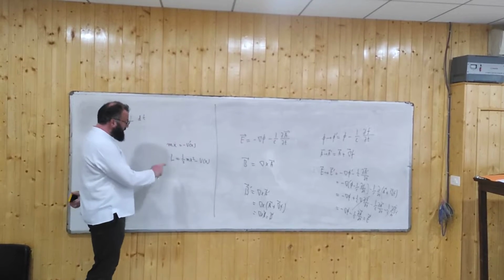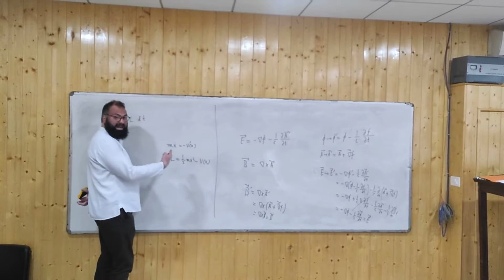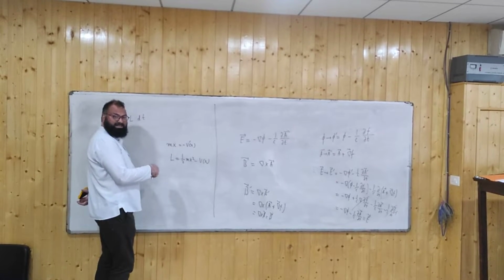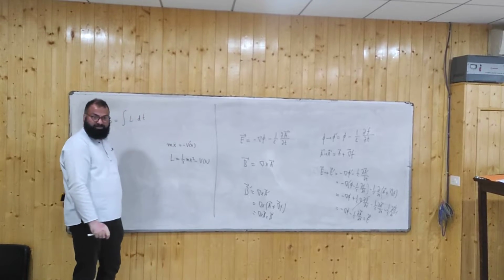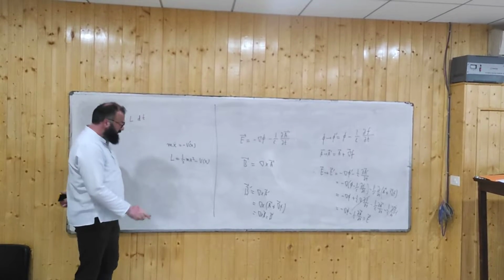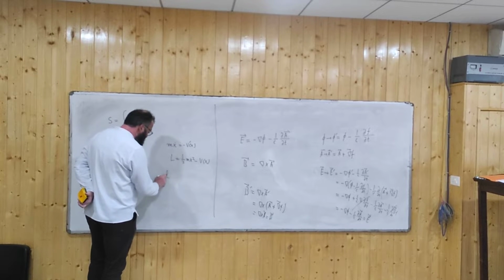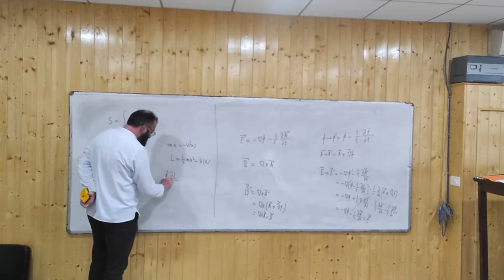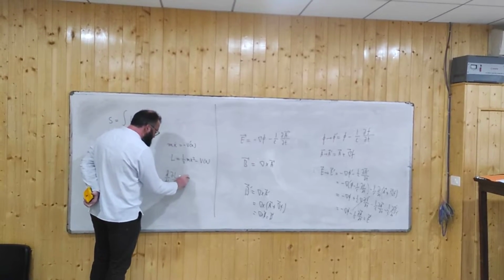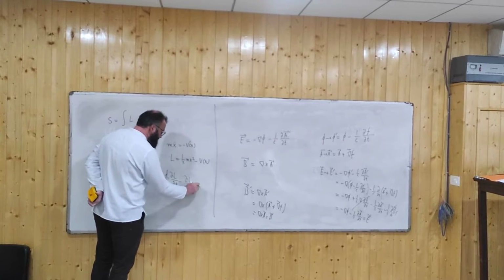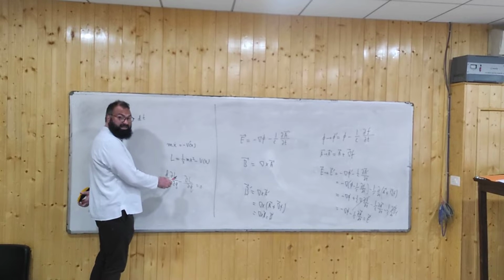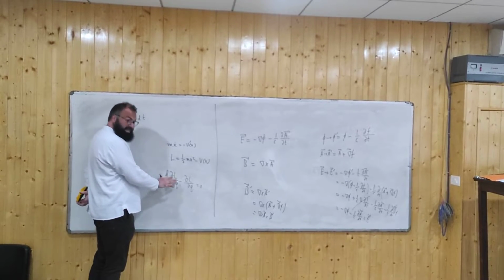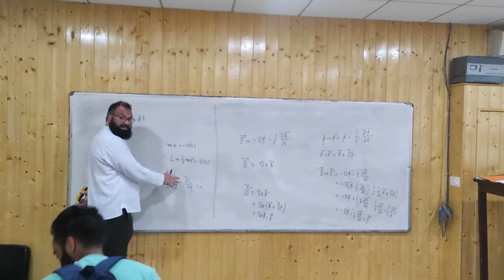So that means to this Lagrangian I can add some other quantity such that I still get the same equation of motion. Look at the Euler-Lagrange equation: d by dt of partial L by partial q dot minus partial L by partial q is equal to 0. Let's say to this Lagrangian I add a certain quantity, some function, let's say L plus some constant.